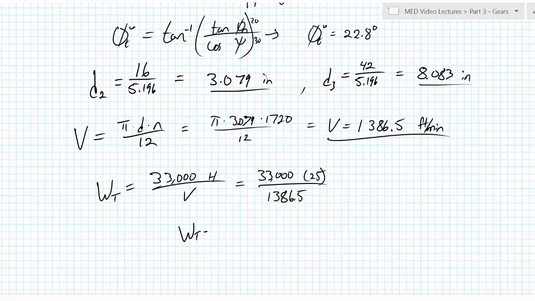This results in a load of 595 pounds. Excellent. So now we know the force that's being transmitted between one gear and the other. But now our question is, what are the loads in the radial and axial directions as well?